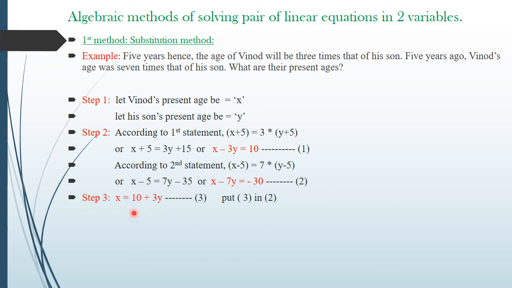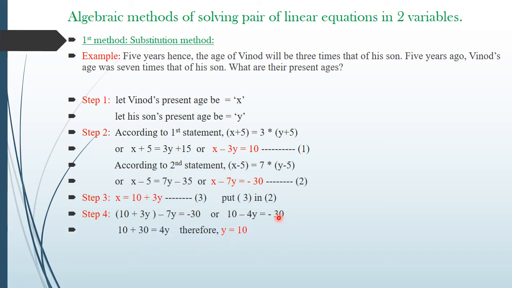Now when I substitute this third equation in the second equation, it will look something like this, in the fourth step. x I have substituted as 10 plus 3y here, minus 7y as it is, and minus 30 as it is. When I open this bracket, it will be 10 plus 3y minus 7y. It will be 10 minus 4y, that is equal to minus 30.